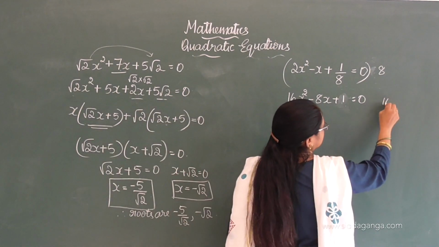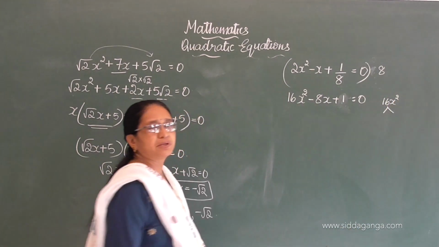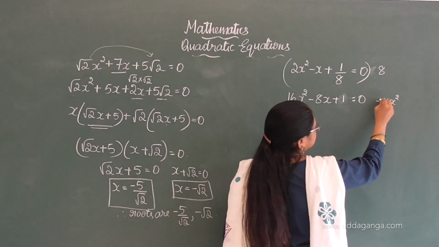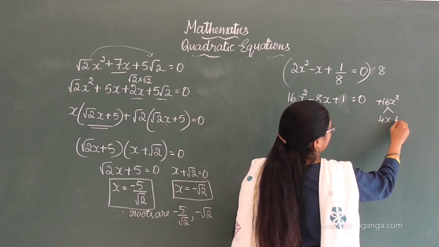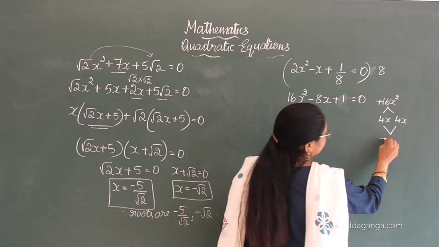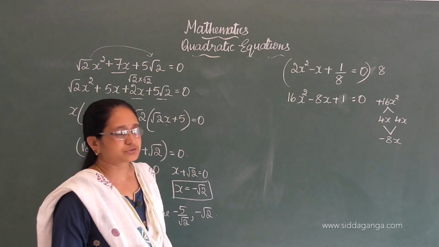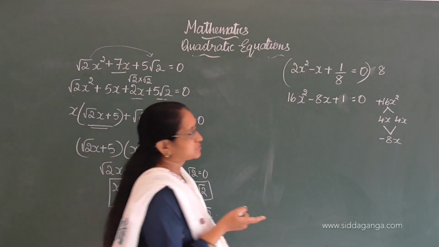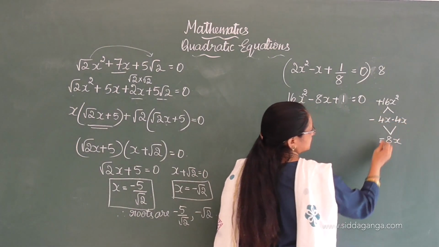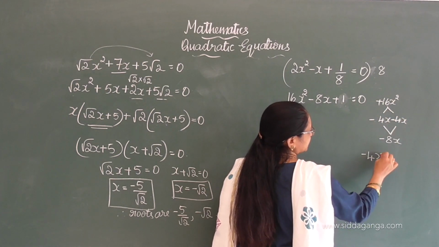So, this 16x square, now you have to split. How will you split this? I want plus, so 4x and 4x. So, I need minus 8x. So, how will you get minus 8x? You should be very careful here. So, you can't put plus for both. So, this is also minus. So, when both the terms are minus, you all know, minus 4x.